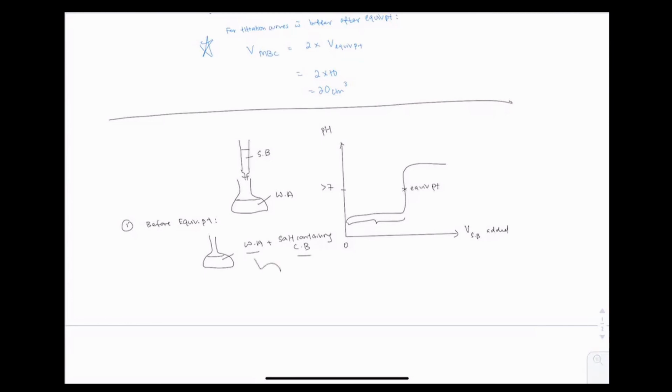Doesn't this sound familiar? This makes up an acidic buffer. Correct? So therefore, in this case, when you have something weak in the conical flask and something strong in the burette, you will have a buffer before equivalence point. Okay, so that's all that I want to emphasize over here.